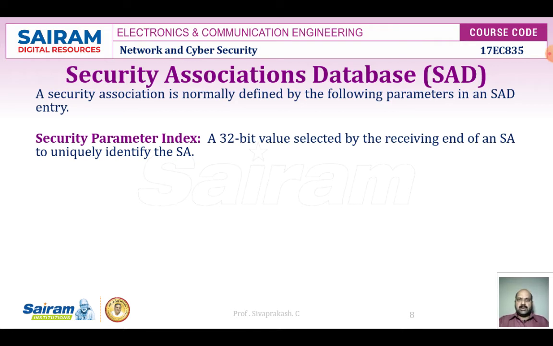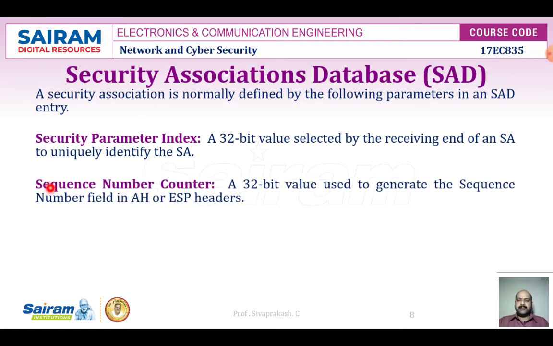In a security association database entry for an outbound security association, the SPI is used to construct the packet's authentication header or encapsulating security payload headers. In a security association database entry for an inbound security association, the security parameter index is used to map the traffic to the appropriate security association.